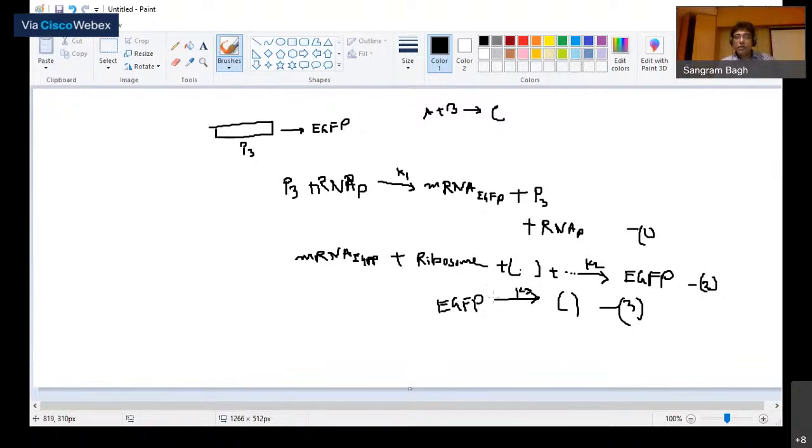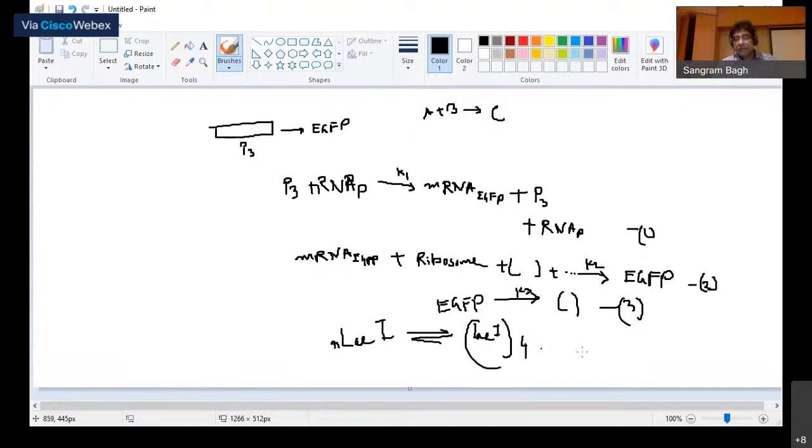But these are not the only 3 reactions happening. If you look at the other reactions, now you have LacI, generally n of them, 4 of them. LacI is going to make the complex LacI4.